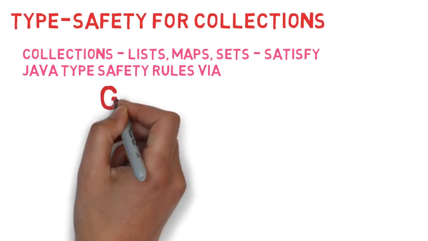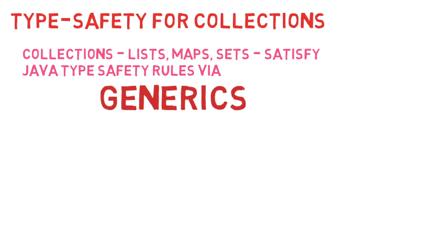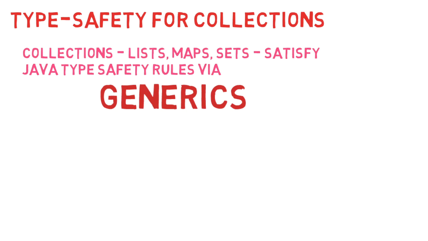Java enforces type safety rules via generics. Generics are a very core part of the Java language and make Java incredibly powerful, easier to use, easier to maintain, and more specifically help enforce type safety for a whole variety of objects, especially collections. Generics allow us to move away from treating everything as an object.